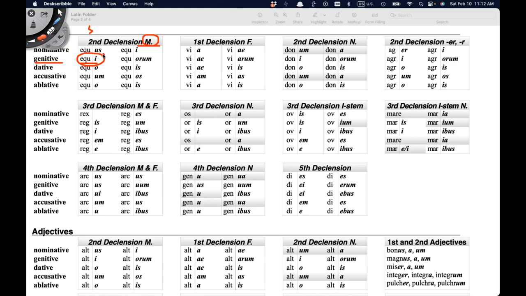Now, if we wanted an adjective to describe it, we wanted to say, I am tired of this tall horse. I am tired of this high horse. We would need an adjective. So we'd go down here and we'd find the adjective that is genitive, masculine, singular. Alti.